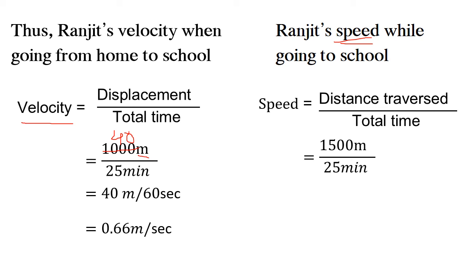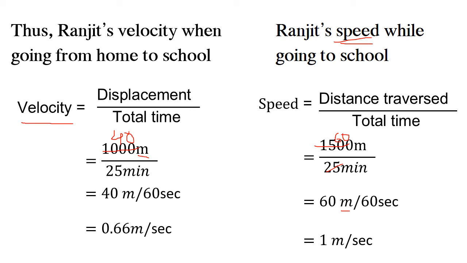So 1500 meter upon 25 minutes, that will be equal to 60 meter upon 60 second, so 25 into 60 is 1500. So 60 meter upon 1 minute, which is 60 second. Okay, so that will be equal to 60 upon 60, which means it will be 1 meter per second.